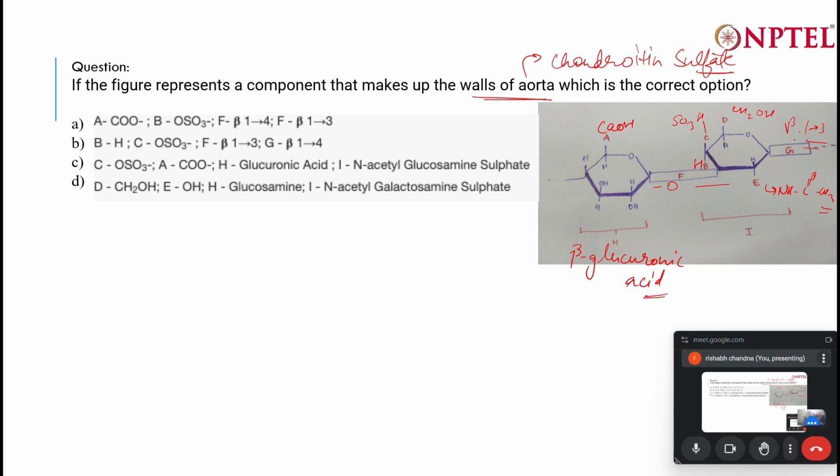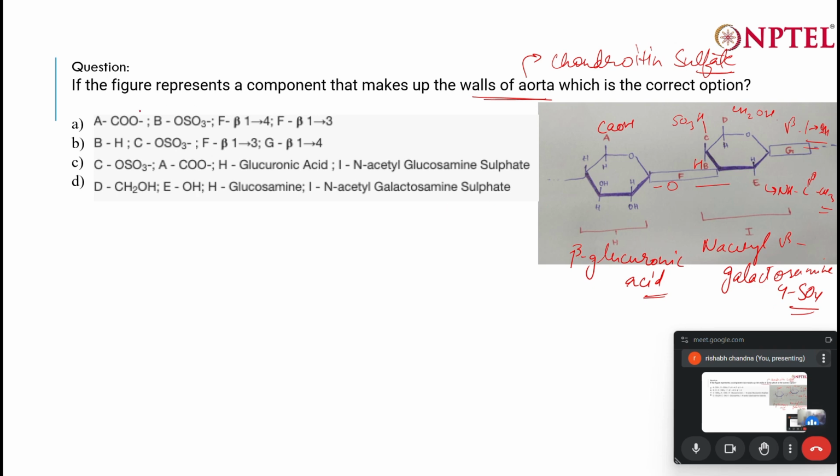Okay, now sorry, beta 1,4, and this whole structure will turn out to be N-acetyl beta galactosamine 4 sulfate. Okay, so now let's look upon the options.